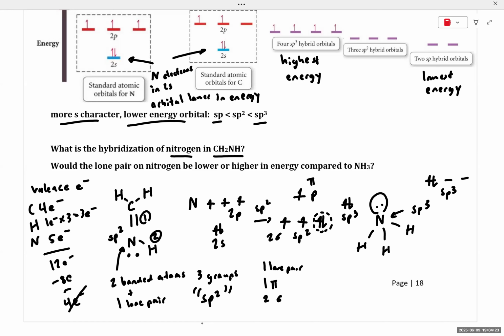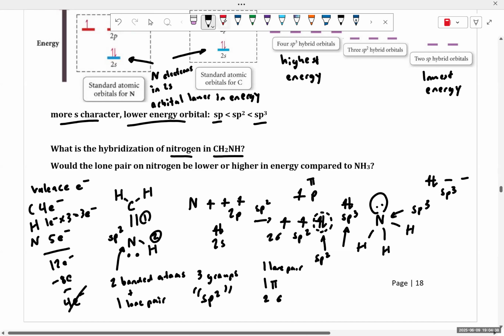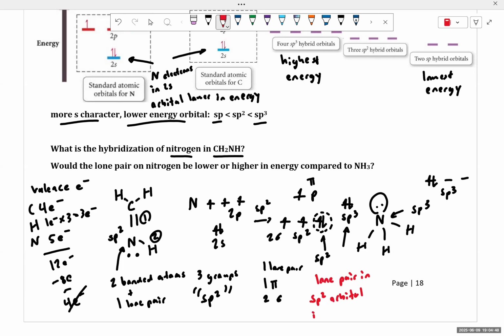It has less s character. So if we compare a lone pair in an sp2 orbital versus a lone pair in an sp3 orbital, we can see very clearly which one is lowest in energy. The lone pair in the sp2 orbital is lower in energy.